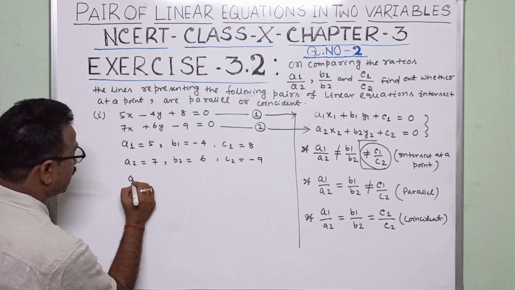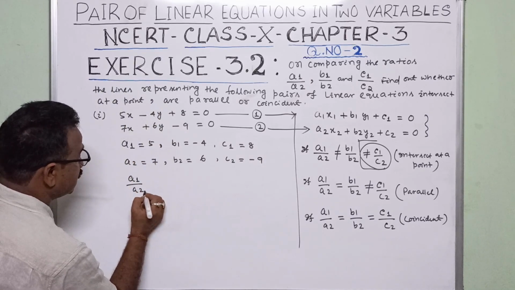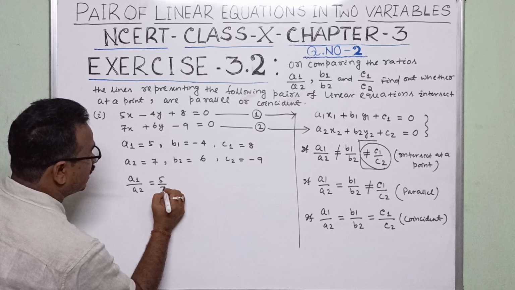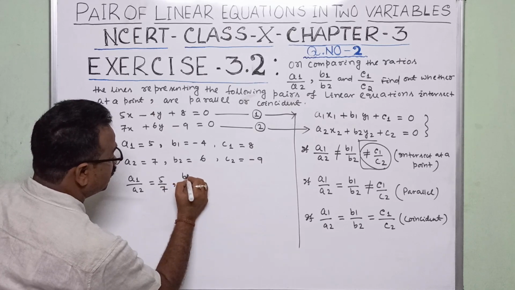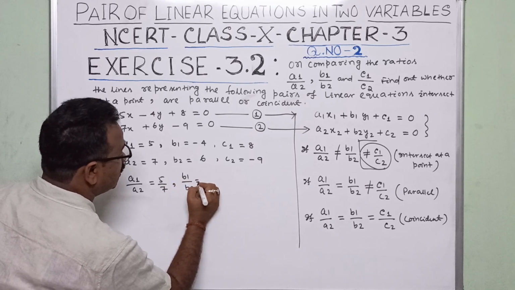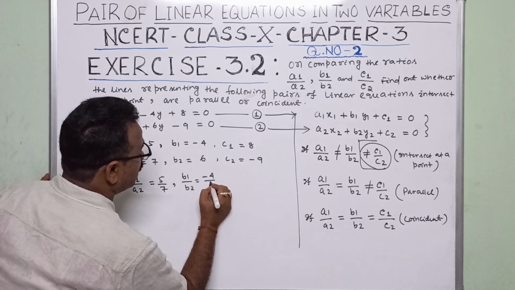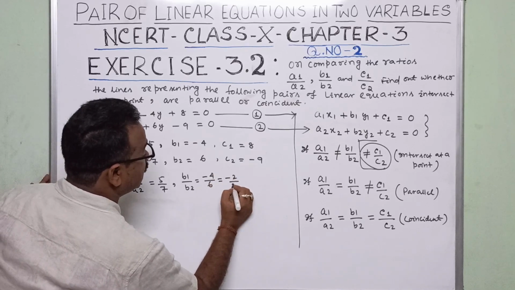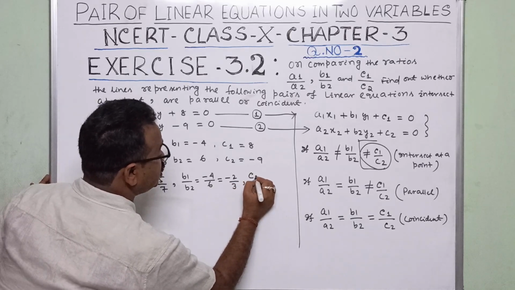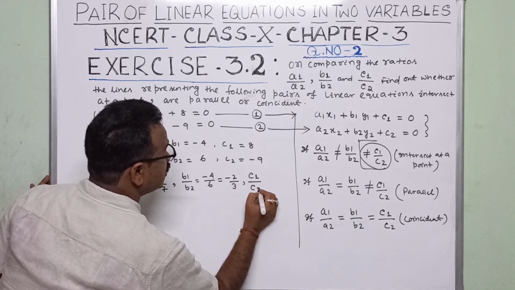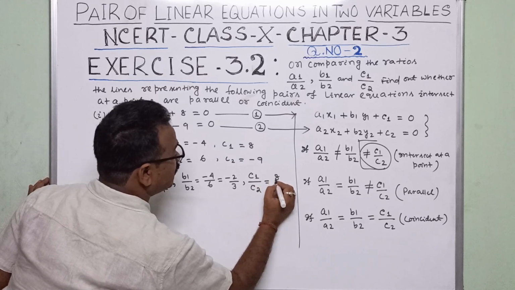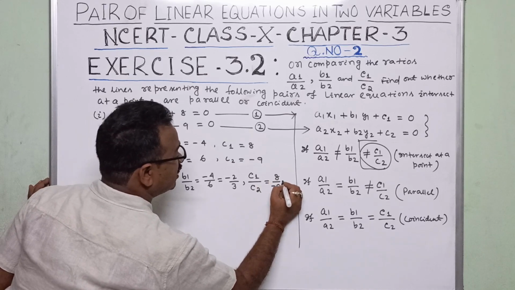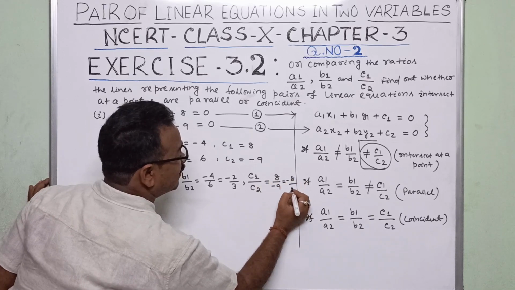Now A1 by A2 is equal to 5 by 7, B1 by B2 is equal to minus 4 by 6 is equal to minus 2 by 3, C1 by C2 is equal to 8 by minus 9 is equal to minus 8 by 9.